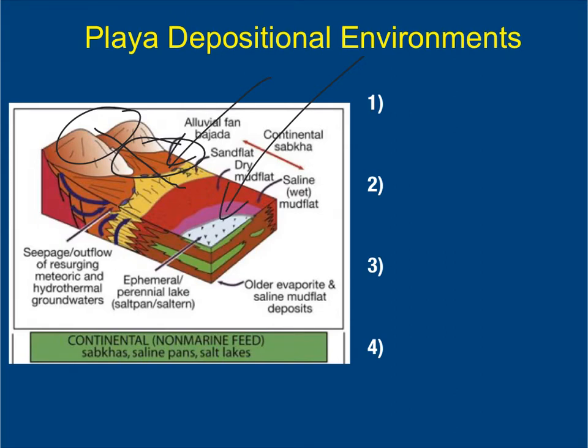So the environments that you will find in a playa system include the alluvial fan environment, the sand flat environment. The sand flat is the distal part of the alluvial fan before it gets very fine grained, but after all of the coarsest material has been deposited.